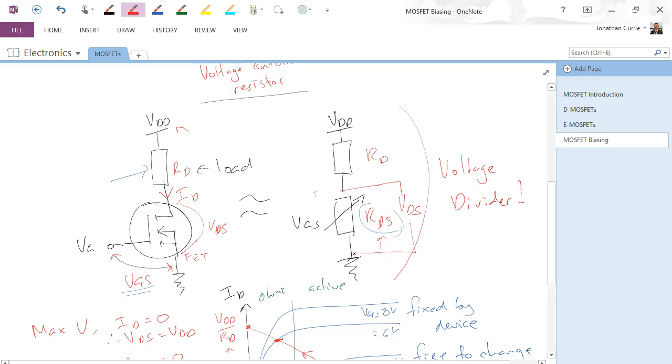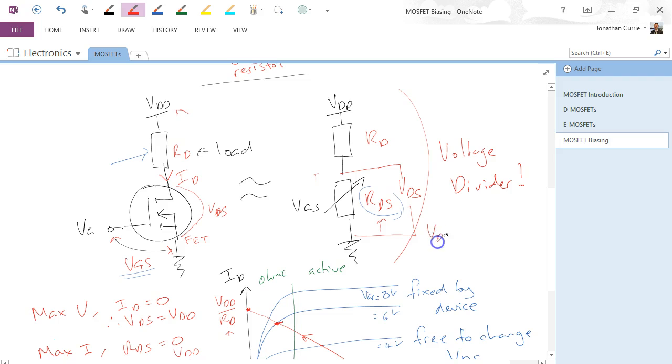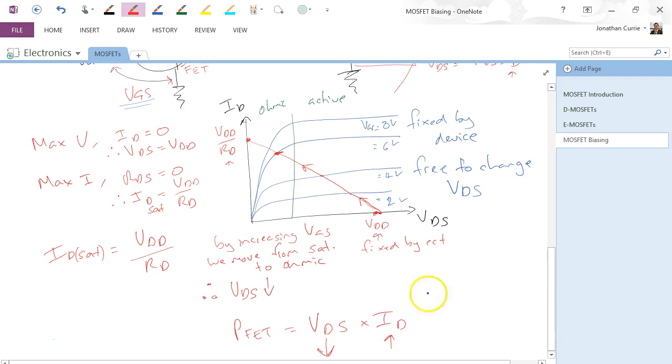And the way we're doing that is by changing the resistance. As the resistance goes down, the voltage drop across it goes down. VDS equals RDS times ID. ID is, let's say, fixed, therefore the only thing we're changing is RDS. So we are actually reducing the power dissipation across the device as we come up this way. So we're making it a more efficient switch, which is what we want.